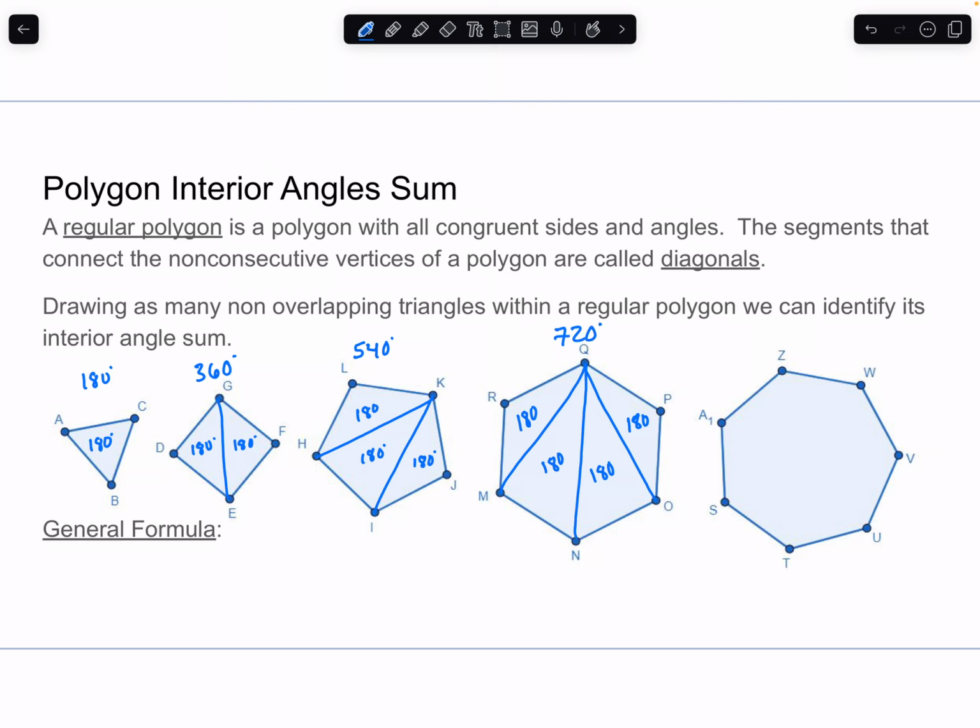So you could really calculate the total interior angle sum of any polygon if you can figure out how many triangles fit in it. So if we have this next polygon, how many triangles do you think we can construct?